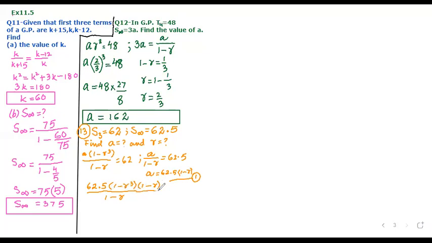So anyways, this 1 minus r and this 1 minus r will be cancelled. So now we have 1 minus r cube is equal to 62 upon 62.5.